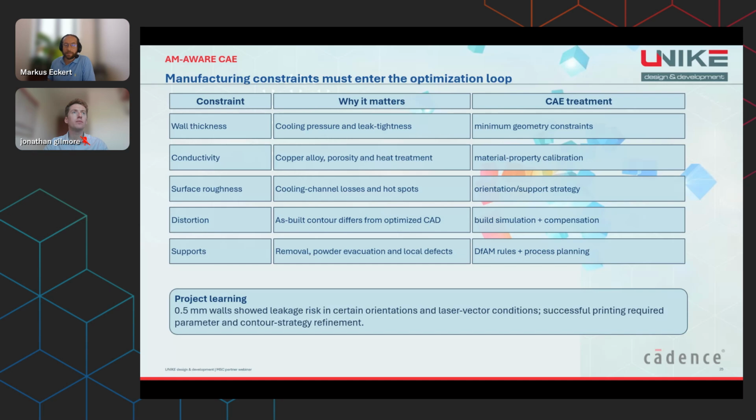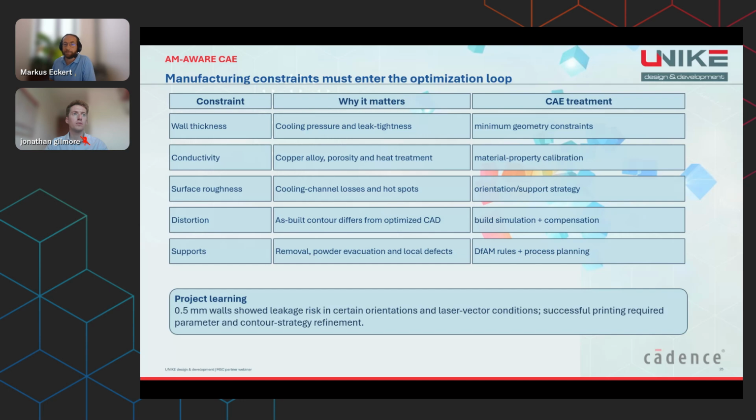This table shows which additive manufacturing aspects have to enter the CAE loop directly. Wall thickness is not a geometric detail. It determines cooling medium pressure capability and leak tightness.